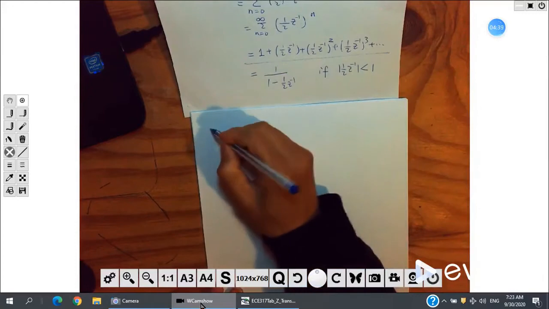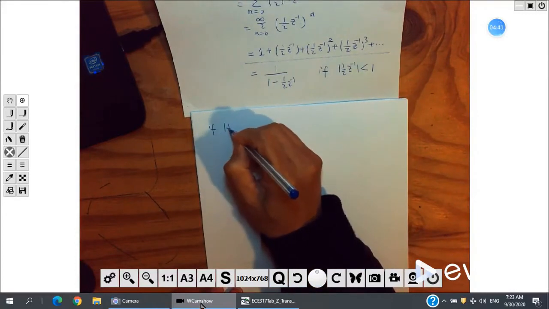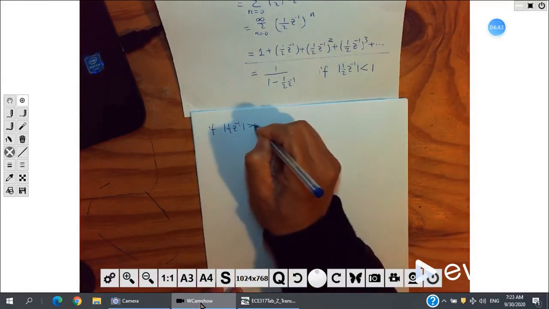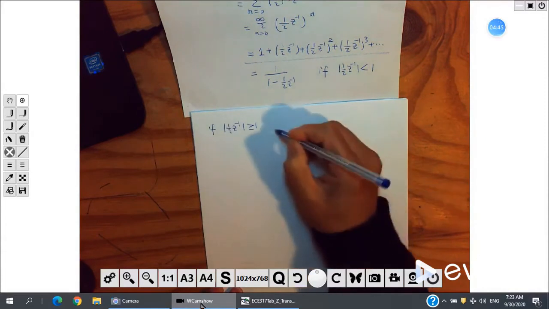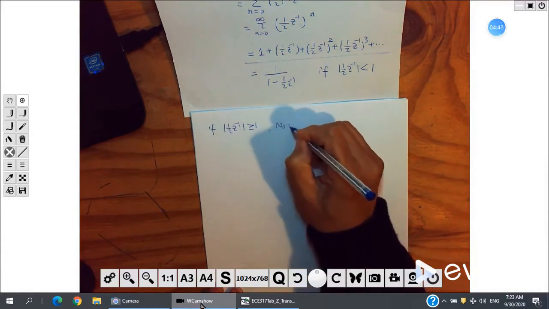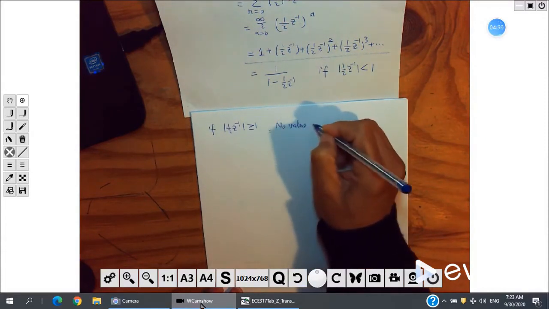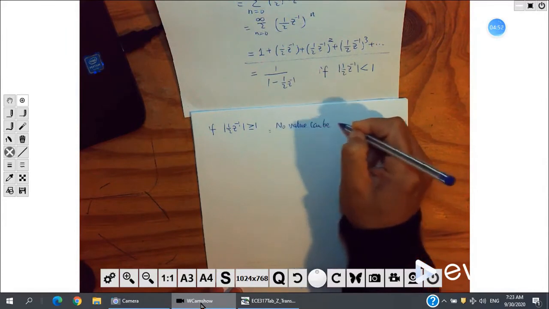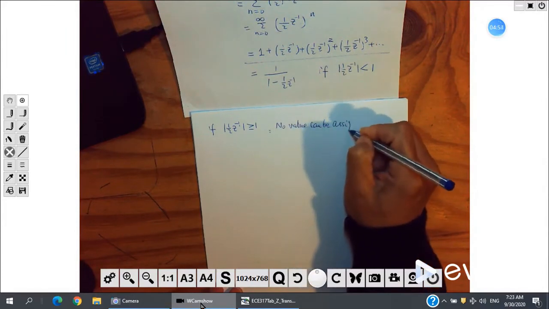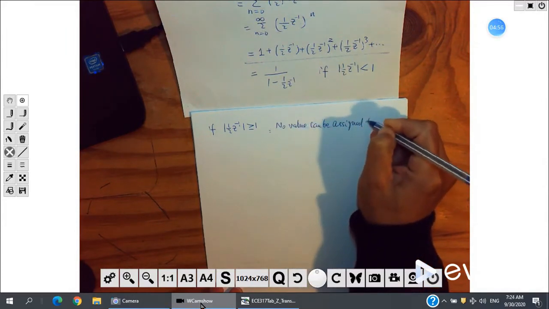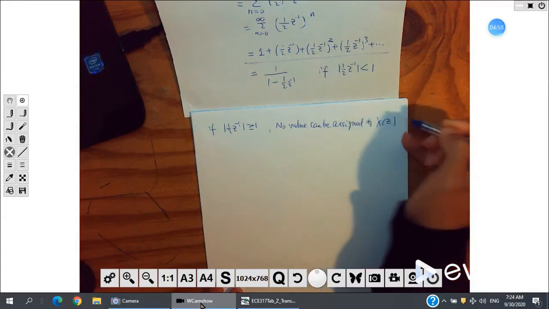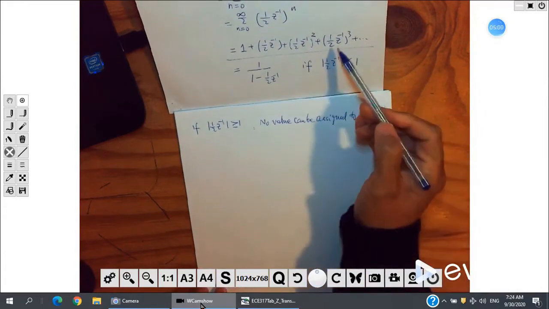And here we can consider, if this is larger than 1, what will happen? I will say no value can be assigned to X of z. No value. You can't find the value.